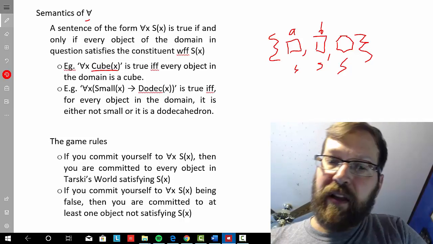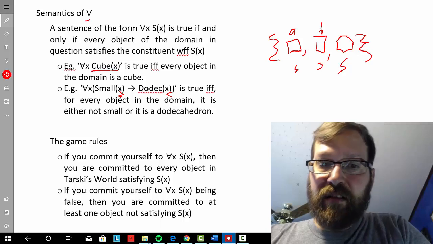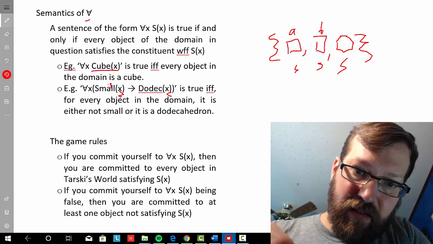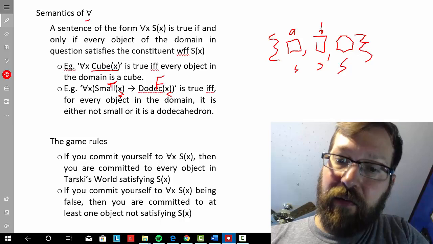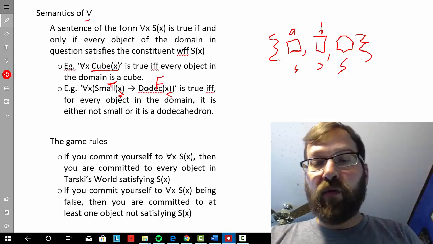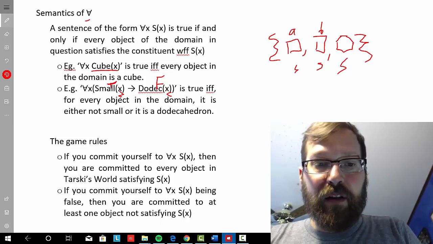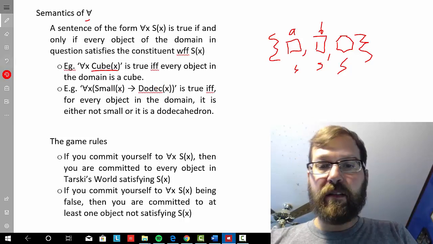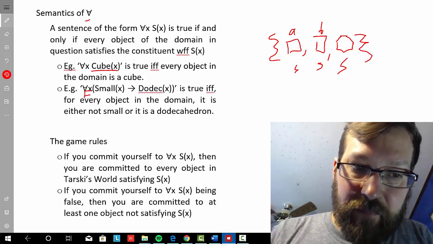So if we plug in A for these x's, it'll turn out that the antecedent is true, but the consequent is false. Meaning we found one counterexample. We found one case in which something is small, but not a dodecahedron. So it'll turn out that this sentence is false in that case.